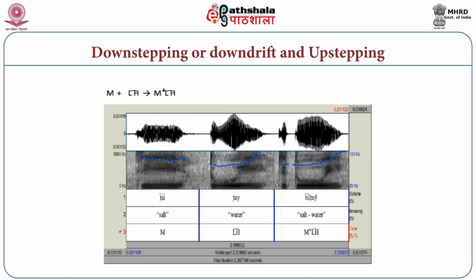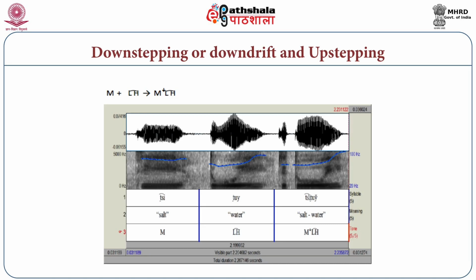The word salt has a mid-tone and the word tui, water, has a rising tone with LH. So in the compound word meaning salt water, the mid-tone is realized as lower than the mid-tone. That means it is a downstepped tone. It is realized at the same level as the beginning of the contour tone for water.